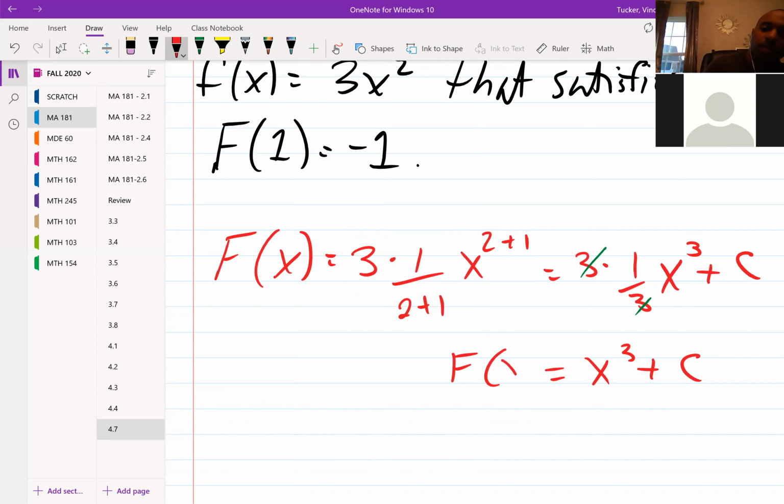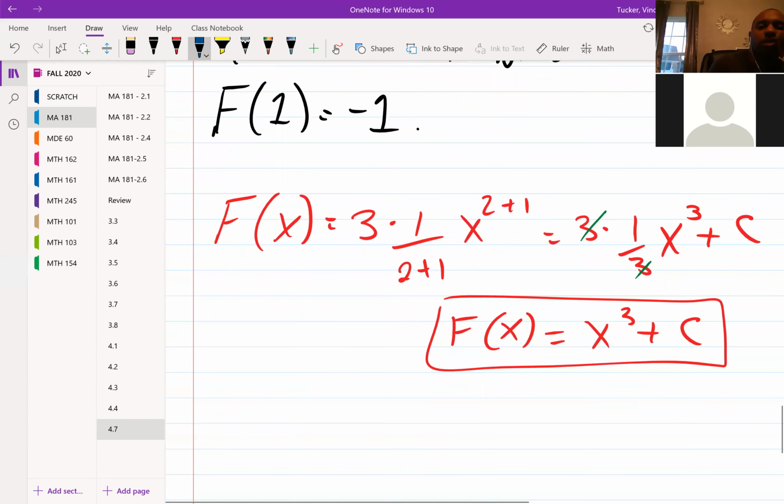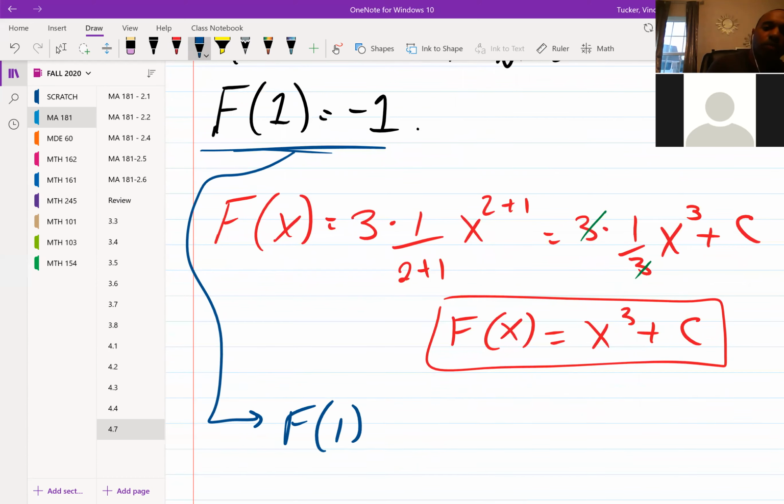So this is your capital F of x. So now we have to use this initial condition. It says that when you plug in +1 to the function, you get out -1.